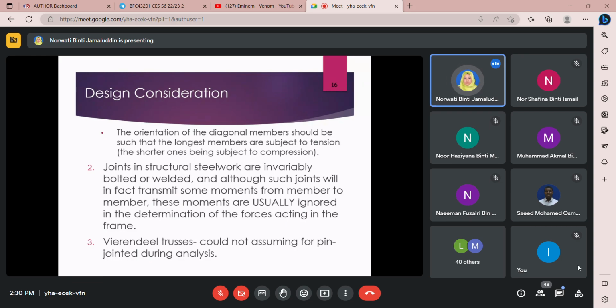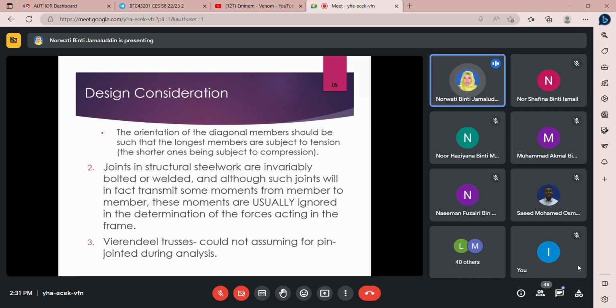And the other thing, the orientation of the diagonal member, the incline member: if you could ensure that the longest member will be in tension, that will be good. Because if the longer member is subjected to compression, the design process will be more complex, and we're afraid that the member will fail.